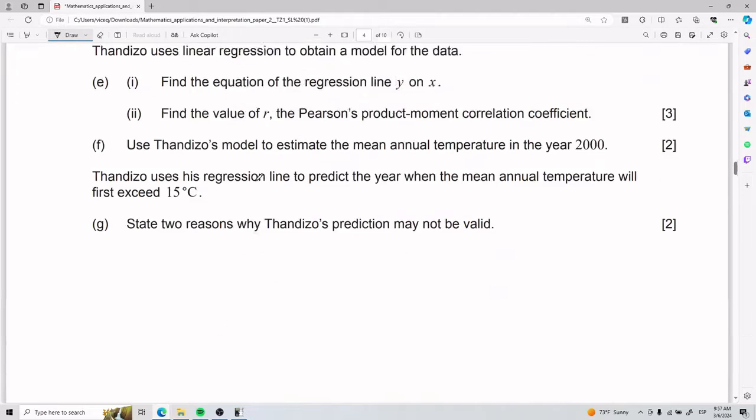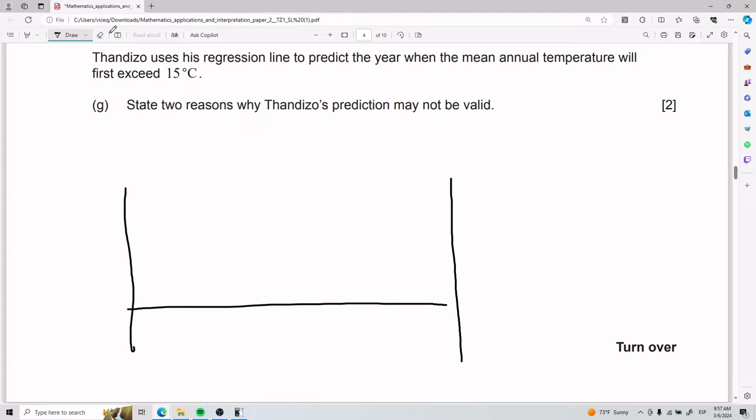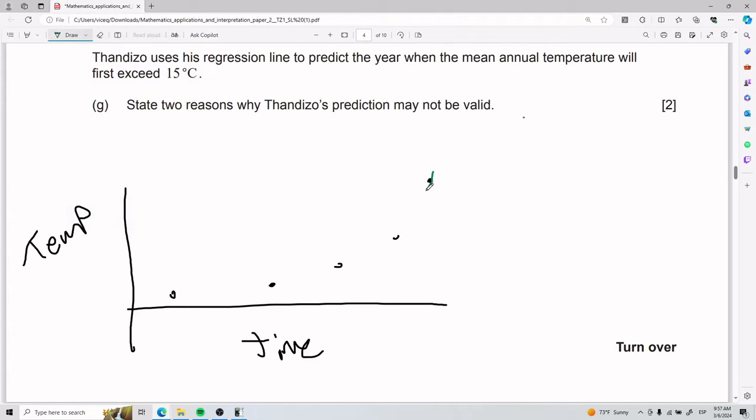Technically, if you draw that graph, and here you have temperature, and here you have time, there's a bunch of dots in between, right? And technically, there's a curve going along it. See?